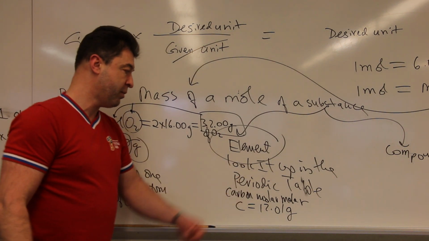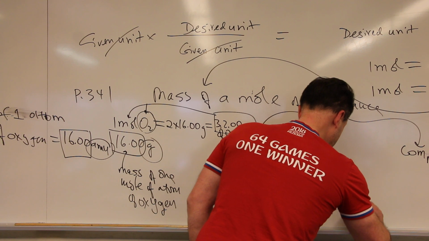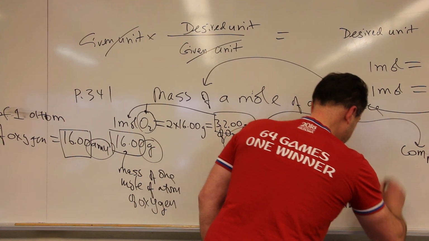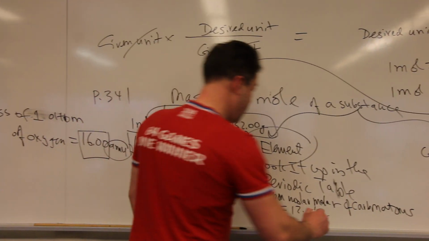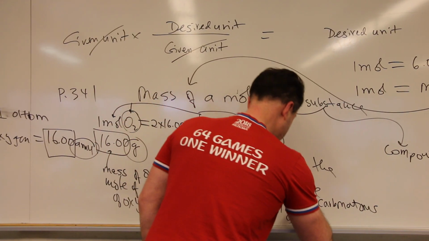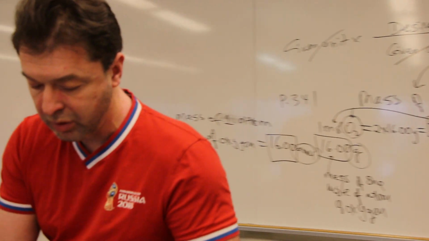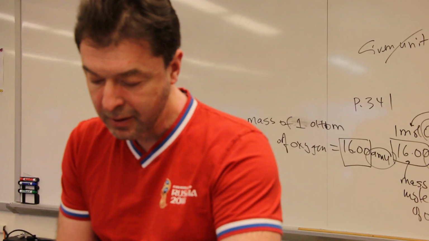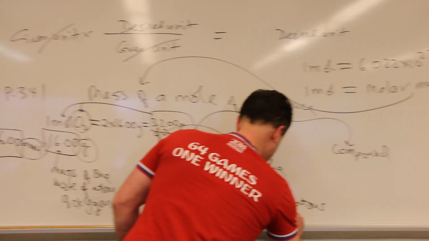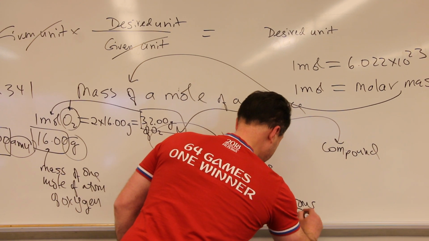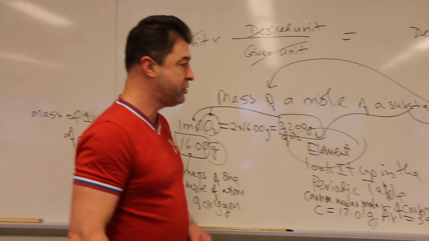Again, this is the molar mass of carbon atoms. All right, what about, let's say, argon? Again, you look it up in the periodic table. Argon is a noble gas by itself, and that would be 39.95 grams, etc., etc.